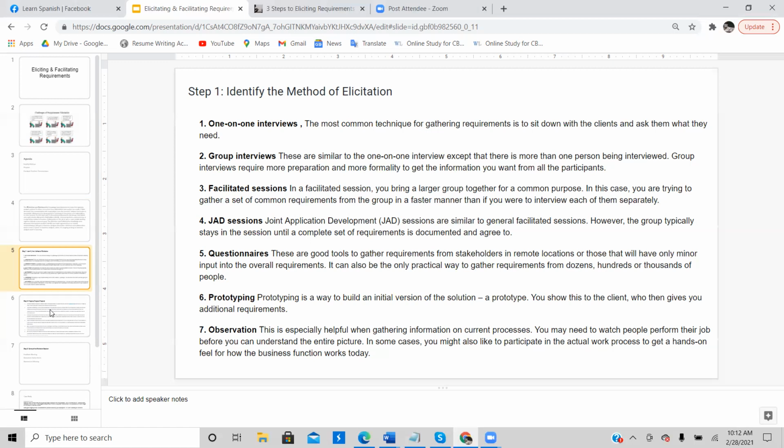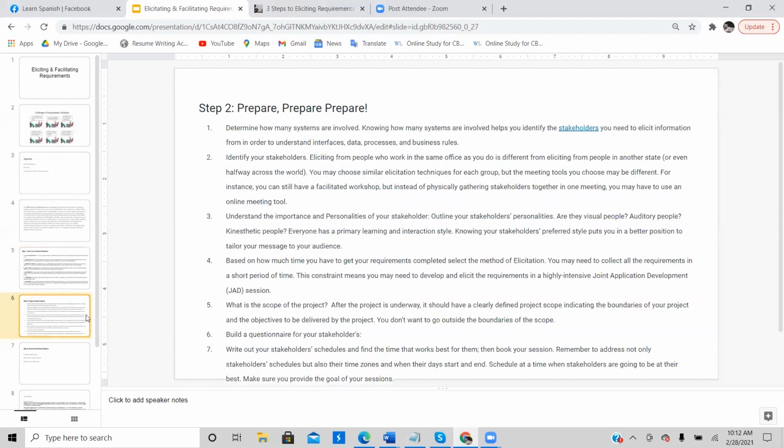The next piece is, now that you've identified the method of gathering requirements, the key thing is to keep preparing. I can't emphasize enough how important it is to prepare. In many instances, you may not have the time, and that's where you negotiate with your project manager or whoever's running the project, to say, look, are you looking for quality, or are you looking for half-baked requirements?